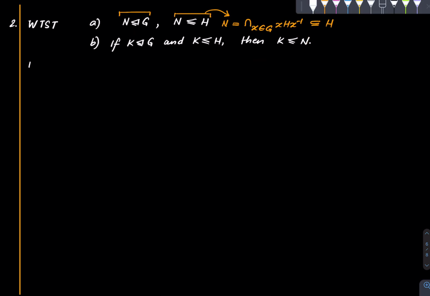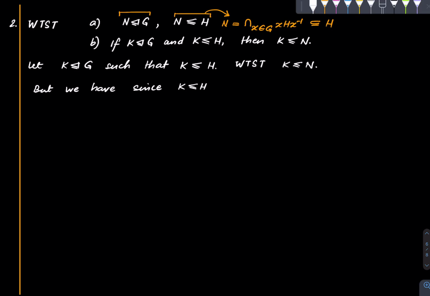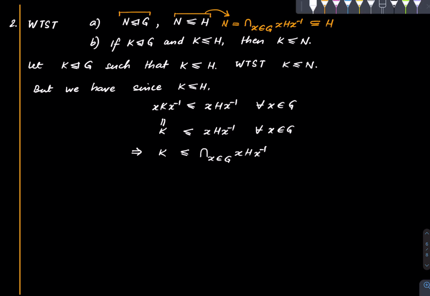Now we want to do this. So assume, let K be a normal subgroup of G such that K is contained in H. We want to show that K is contained in N. Since K is contained in H, XK X inverse is contained in XH X inverse for all X in G. But since K is normal, this is equal to K, and hence K is contained in XH X inverse for all X in G, and hence K is contained in the intersection of that, which is equal to N. So that's the proof.